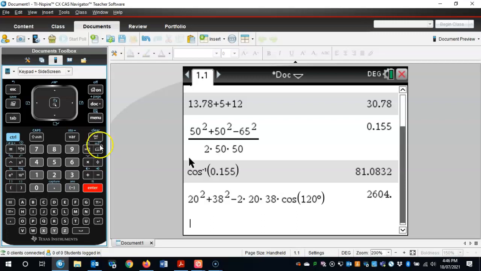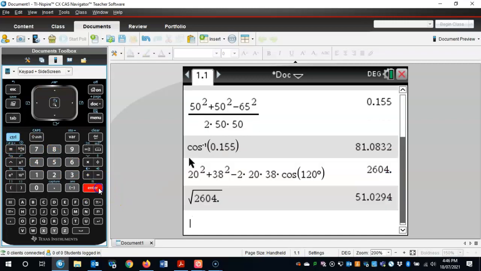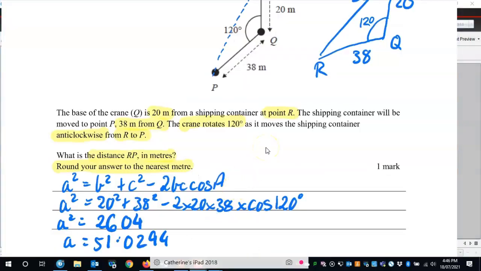So a squared equals 2,604. So that means the square root of that is 51.0294, and our rounding information is to the nearest meter.